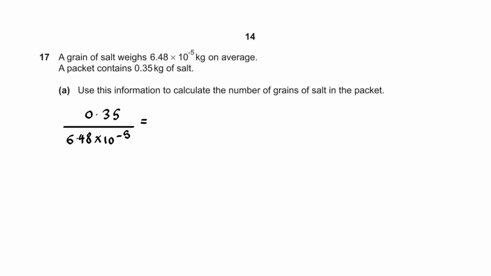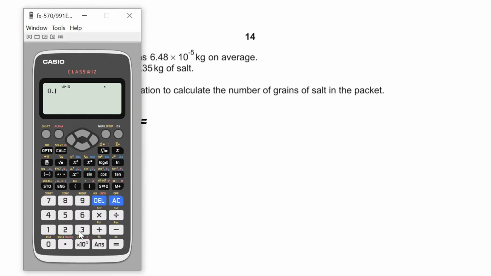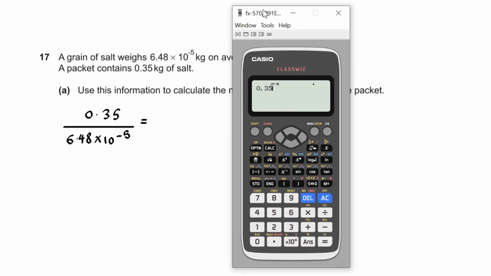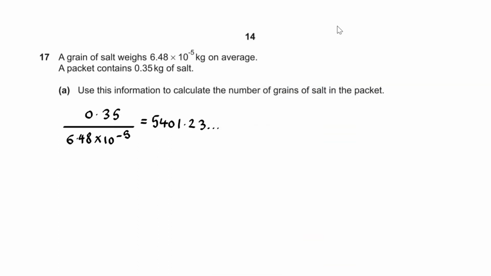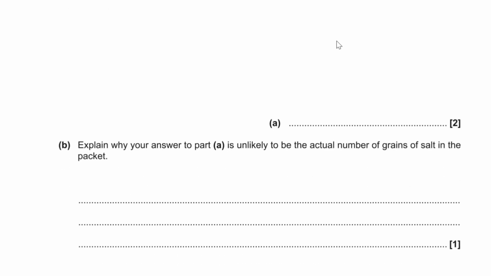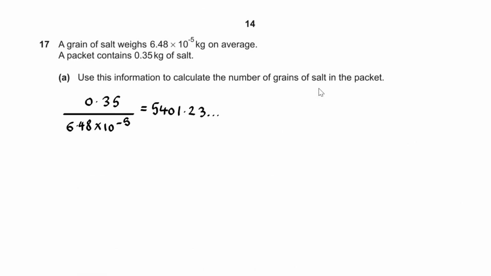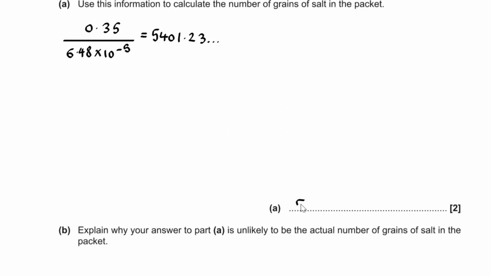So if we work this out, we would have 0.35 divided by 6.48 times 10 to the minus 5, which is 5401.23, etc. So therefore, for the number of grains of salt we would have 5402.